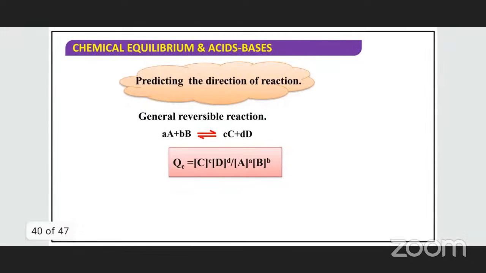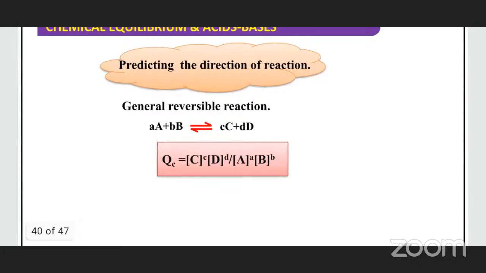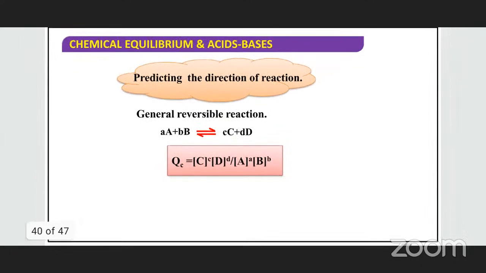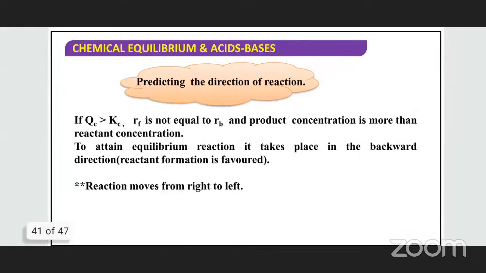For a general reversible reaction A plus B gives C plus D, Qc is equal to the molar concentration of products by the molar concentration of reactants.